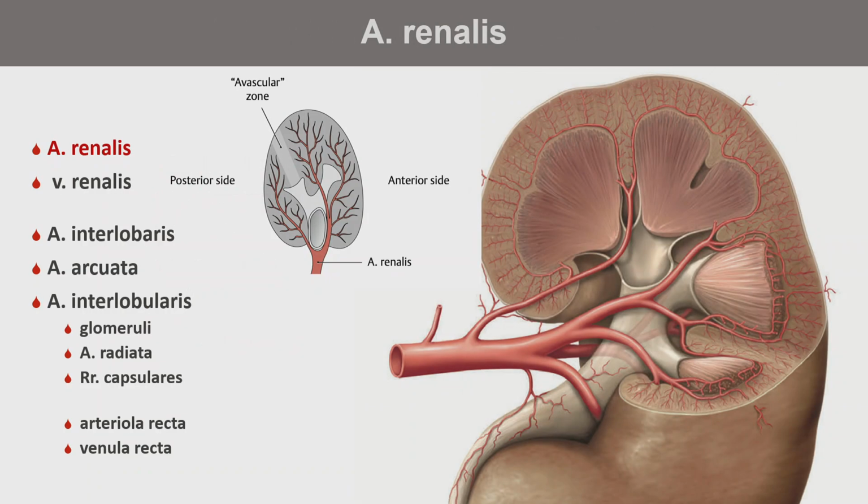Now we pay attention to the renal arteries. The renal artery is a very important vessel because it is supplying the kidney, and the kidney is a never-lasting working gland to produce urine. The organization of the vessels here is a little bit special.